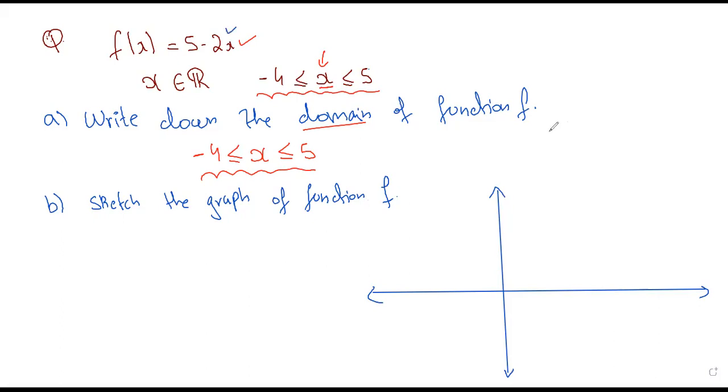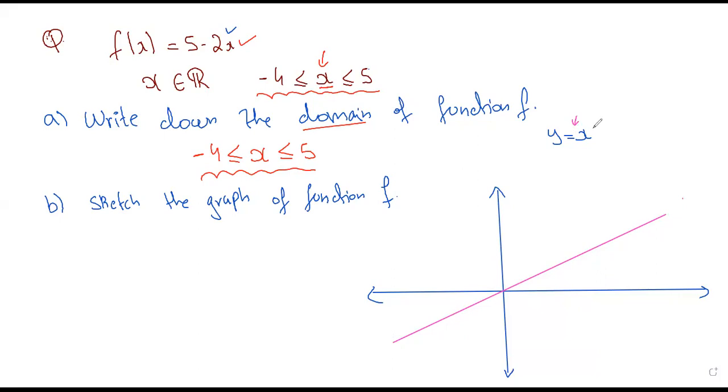Whenever you have, let's say, y equals x, we get a straight line passing through the origin. For y equals x squared, we had a parabola. This is for y equals x. Now, when I change a number here, apparently there isn't much difference.